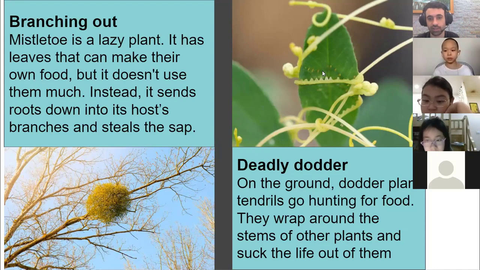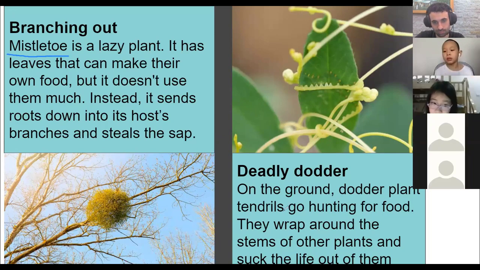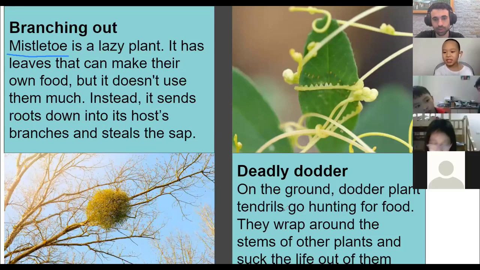Okay, let's see if your class agrees. Everyone, do you think this mistletoe is a parasite? In 3, 2, 1, go. Yes. Yeah, so this one is a parasite because it's stealing nutrients. You can also tell it is far off the ground and can get its own sunlight.